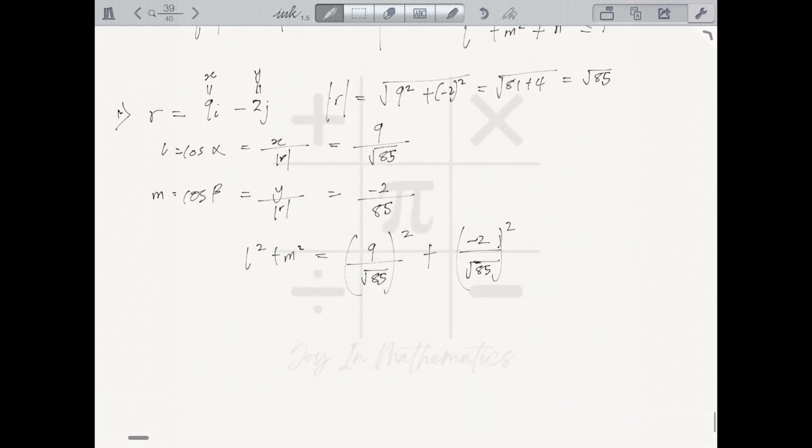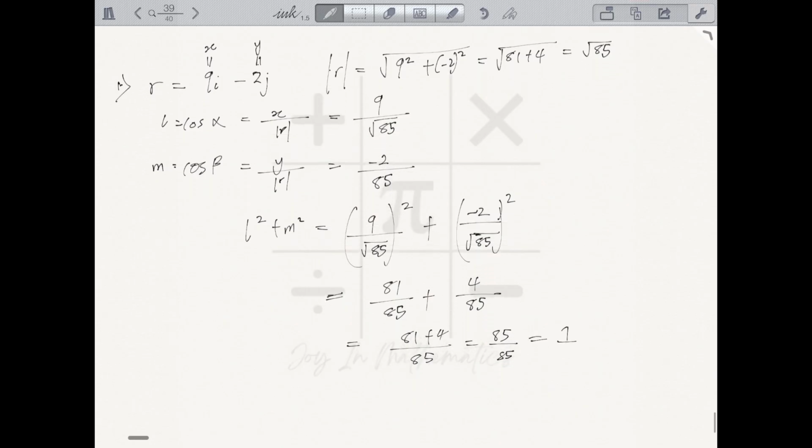So we now have 81 divided by 85 plus 4 divided by 85. Taking the LCM, this will result into 81 plus 4 divided by 85, which is 85 divided by 85, which is equal to 1.